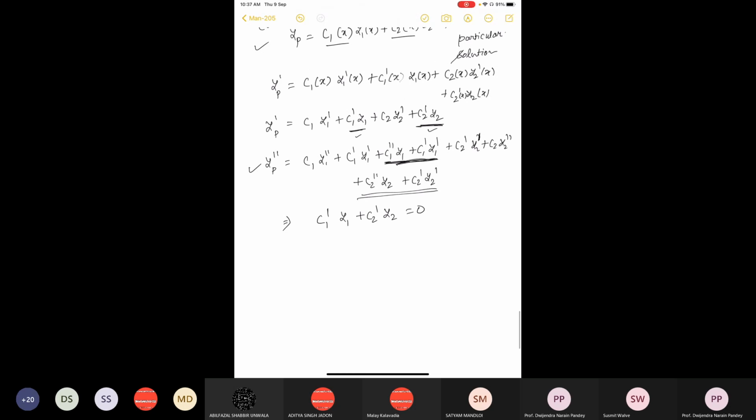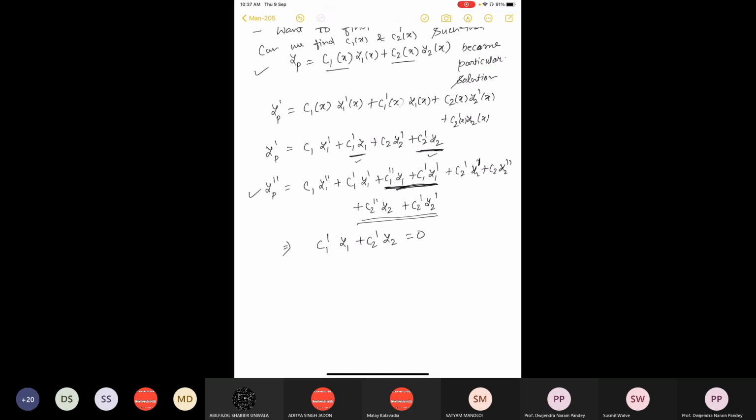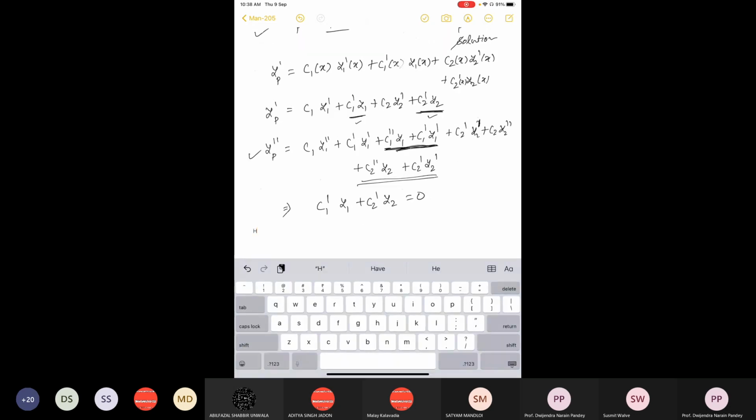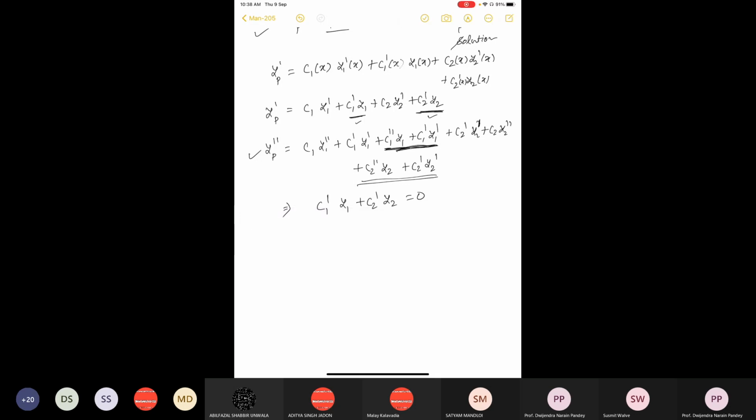So the idea is just to avoid second order derivatives of unknown functions, so we can assume certain things. Since we have to obtain two unknown functions, we can find them in a unique manner if we have two conditions associated with c1 and c2. So the first condition we have assumed is that c1 dash y1 plus c2 dash y2 is 0.